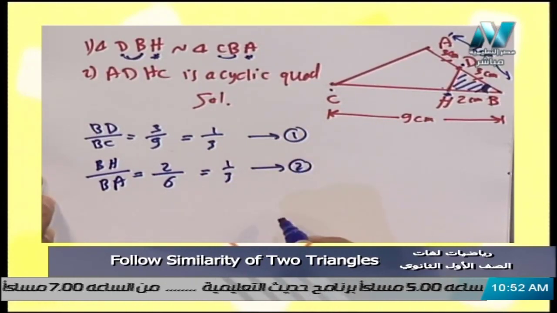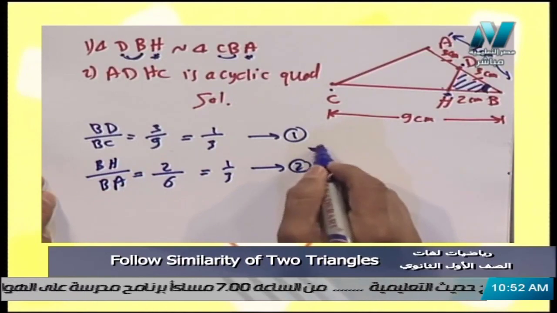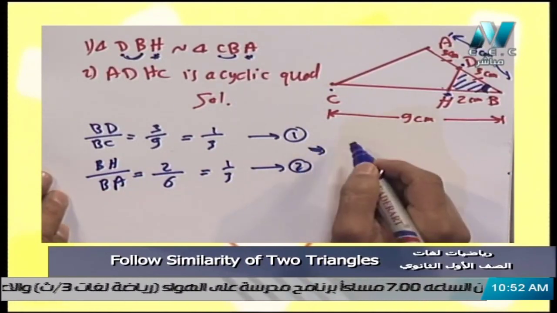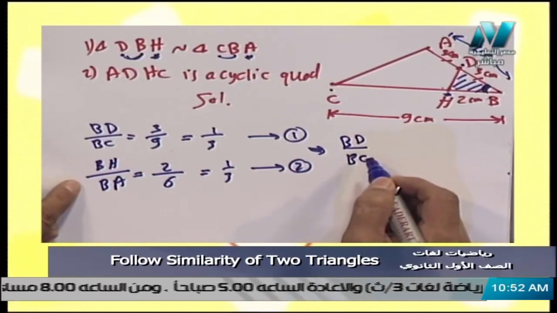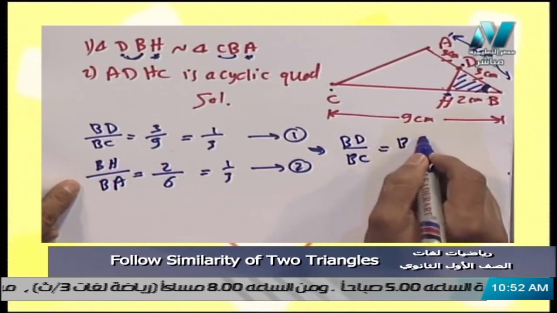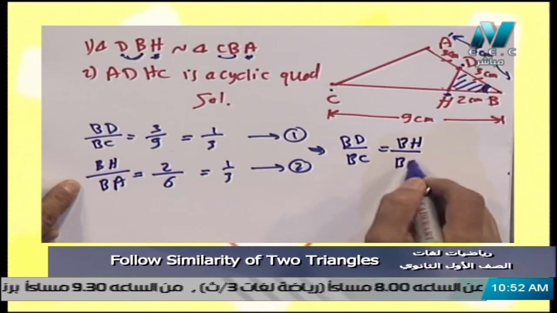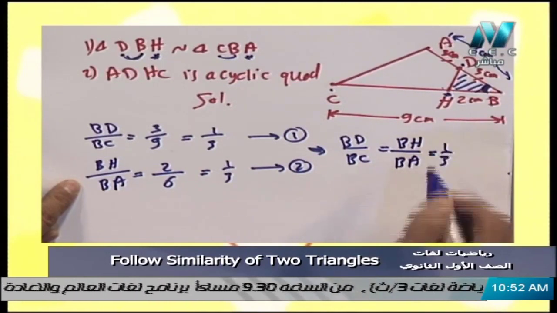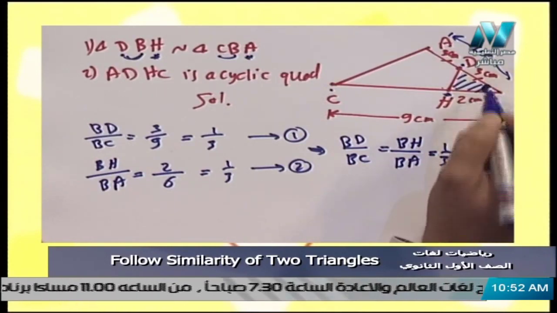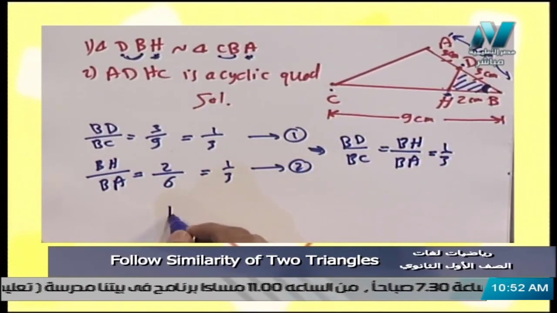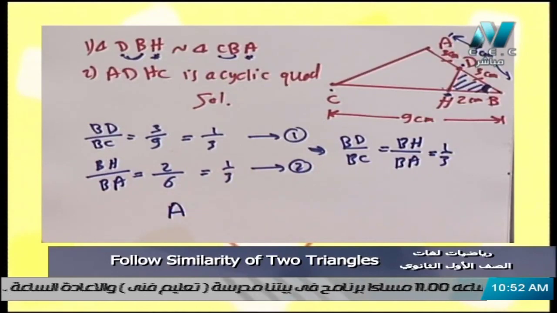This is equation number 2, and we deduce from these two ratios that BD over BC, of course, equals BH over BA, which is equal to 1 over 3. And angle B here is the common angle.